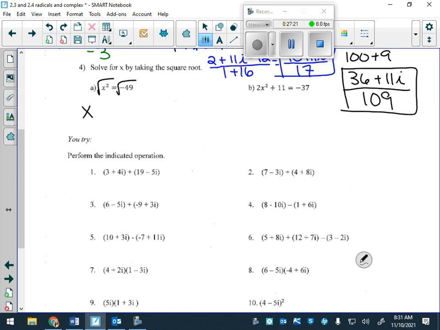So when you take the square root of both sides and we're solving, what do we have to include? Plus or minus. So x equals plus or minus. You see a negative, i comes out. What's the square root of 49? 7.